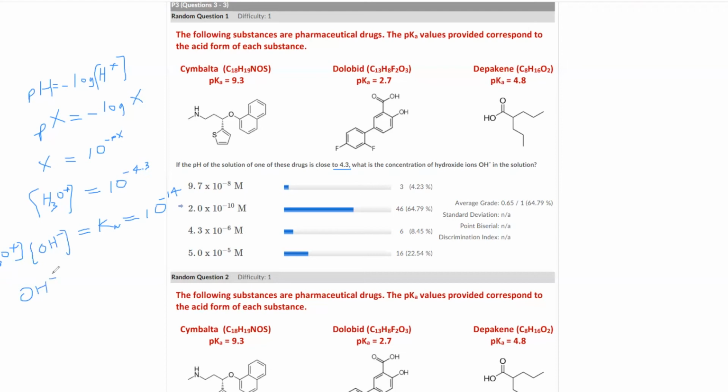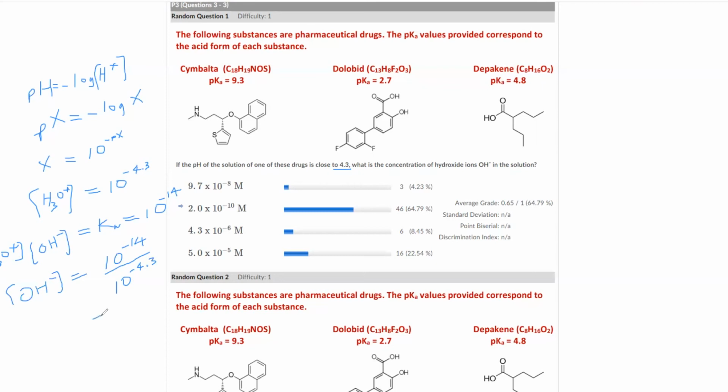Therefore, the OH minus concentration should be equal to 10 to the power of minus 14 divided by the H3O plus concentration, which is 10 to the power of minus 4.3.